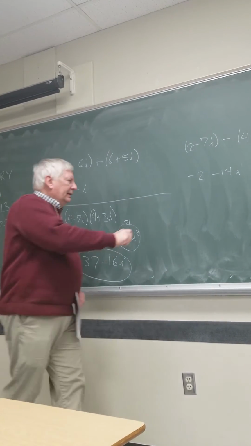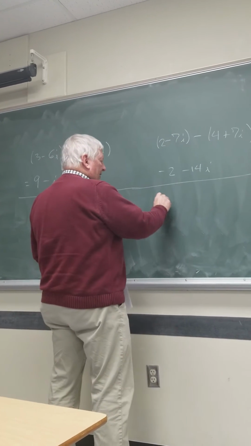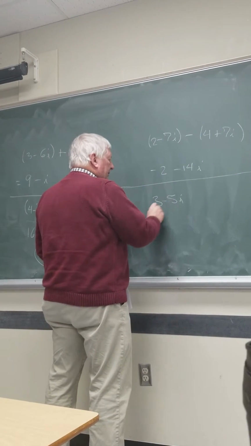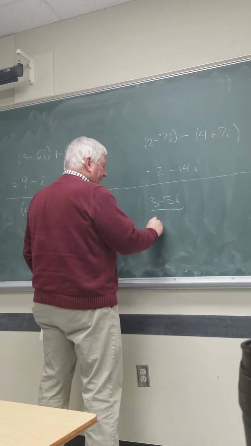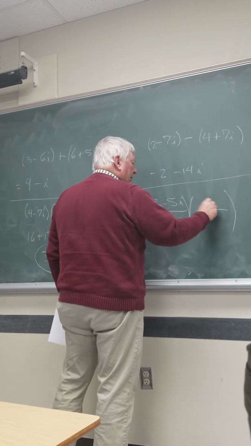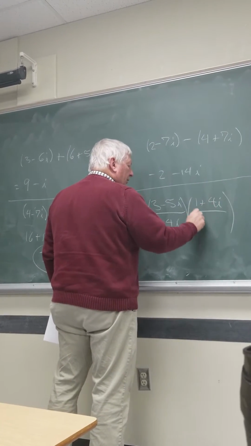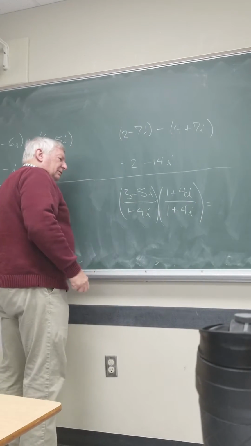And finally, choice D, we have 3 minus 5i divided by 1 minus 4i. So we choose to multiply by the well-chosen 1 plus 4i over 1 plus 4i. Numerator, oh, let's do the denominator.